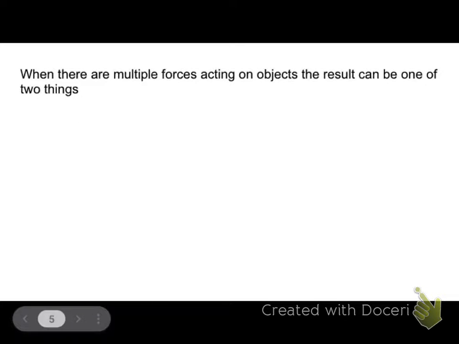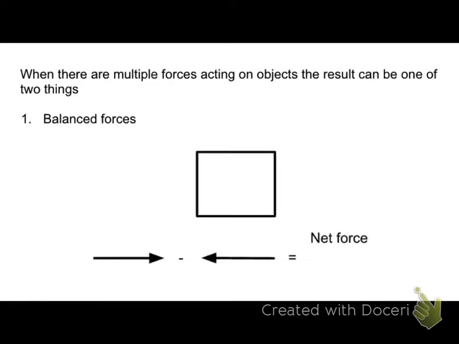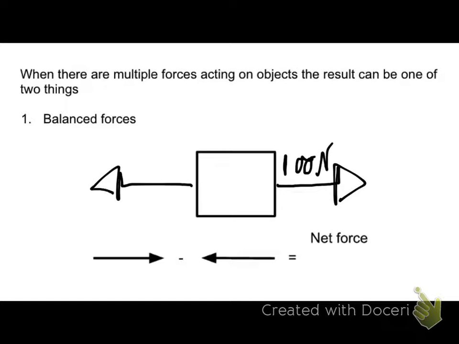So, when multiple forces are acting on an object, the result can be one of 2 things. The first one is that we can say that those forces are balanced. So think about an object where a force is acting in one direction and an equal force is acting in the opposite direction.